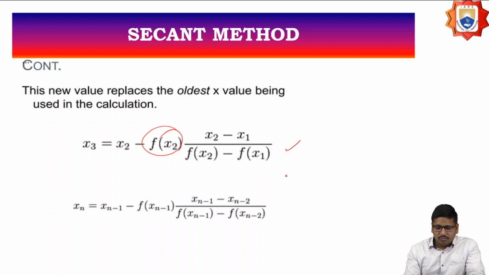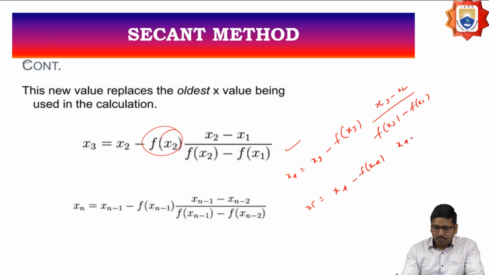Similarly, x4 = x3 - f(x3) * (x3 - x2) / (f(x3) - f(x2)). Similarly I can find x5: x5 = x4 - f(x4) * (x4 - x3) / (f(x4) - f(x3)).